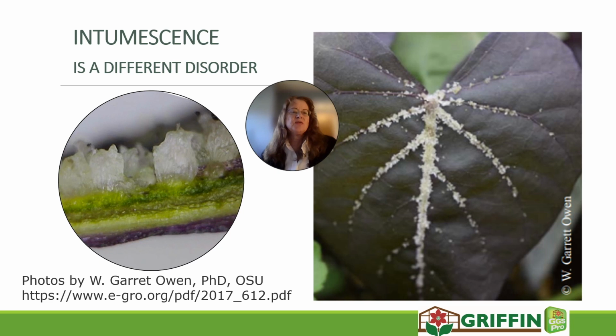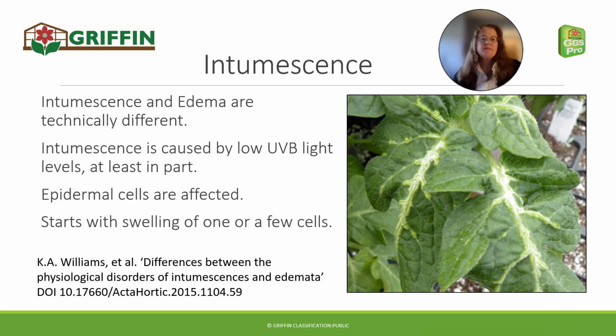If you see it close up right there on the left, it doesn't necessarily look like plant tissue or normal plant cells. So intumescence and edema really are different. Intumescence is not a water relations problem. It's actually caused by low UVB light levels, at least in part.